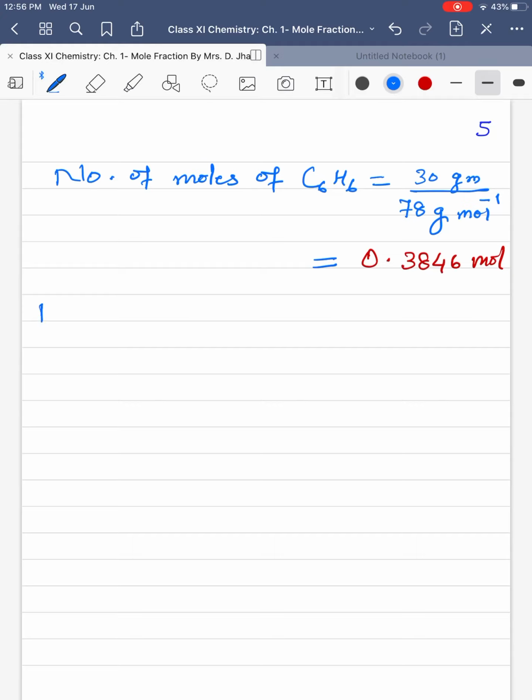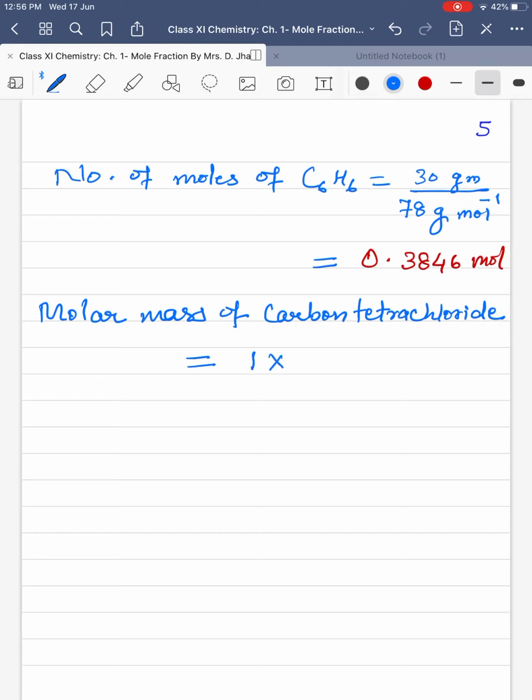Now the molar mass of carbon tetrachloride is equal to 1 into 12 plus 4 into 35.5, because its formula is CCl4.